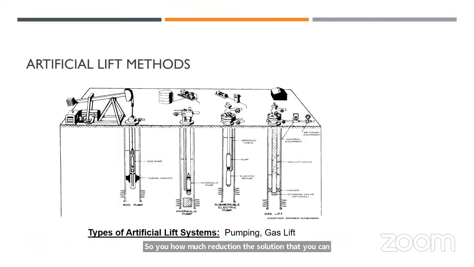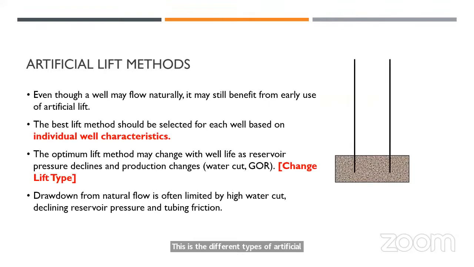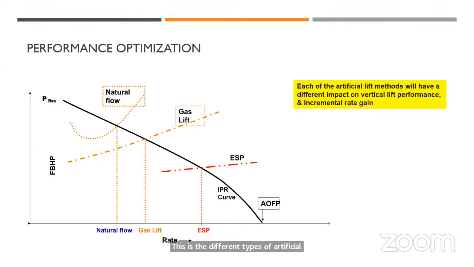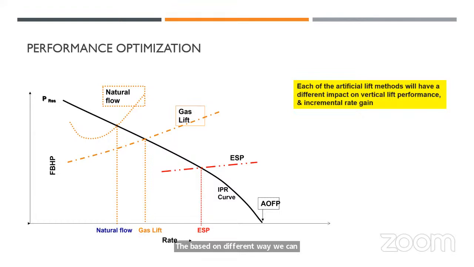Here we explained before that we have different types of artificial lift methods, mainly pumping, whether it is electric or rod pump or hydraulic pump, or gas lift. These are the different types of artificial lift methods, and we already said that based on the type we can have a different vertical lift performance relationship.